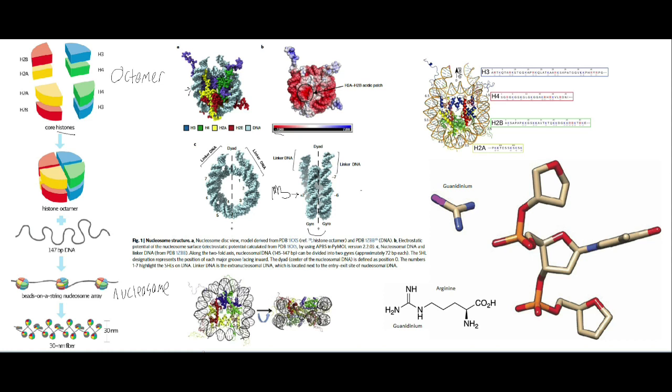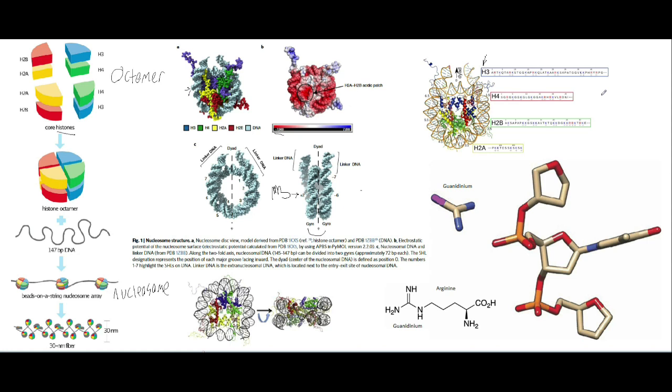And we can see down here just another structure of the nucleosomes. Up here we have the nucleosomes and the different subunits of our histones. We have the sequence here, and you can see that there are a lot of arginines in it.